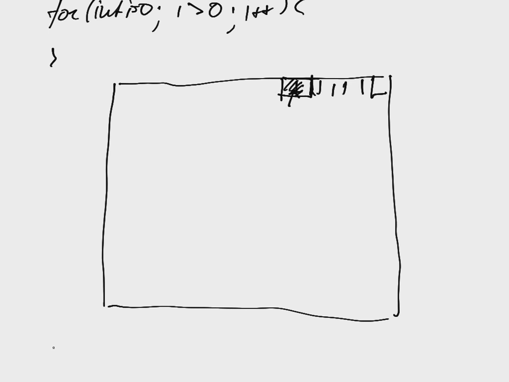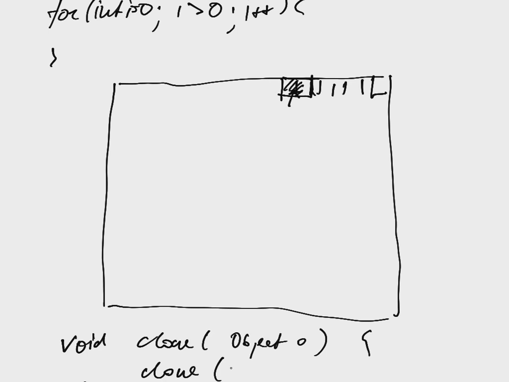But if you do something like, let's say, void clone, and here object O, and here you just say clone the same object O. Here you create recursion with passed parameters.